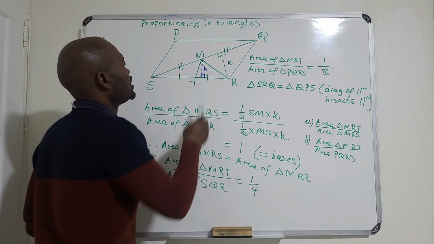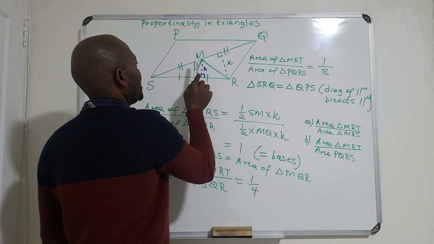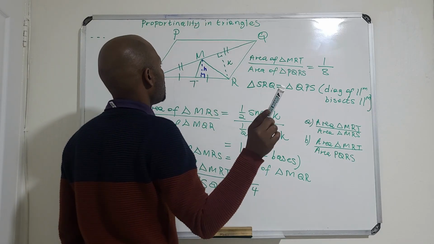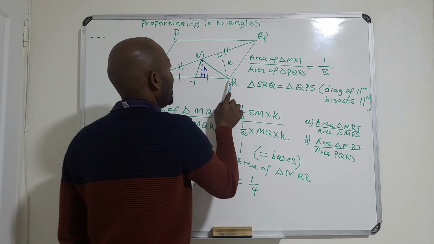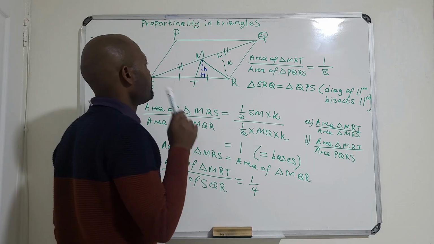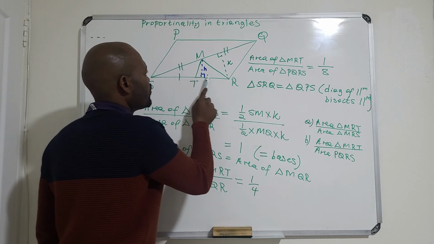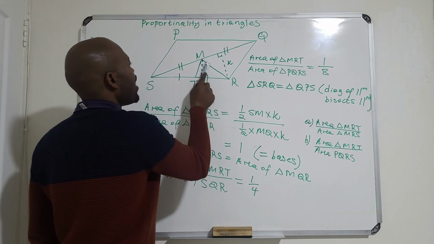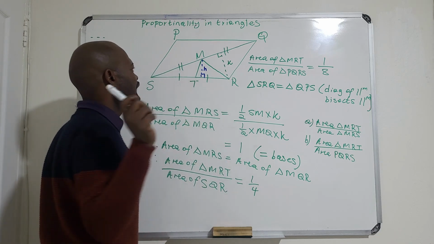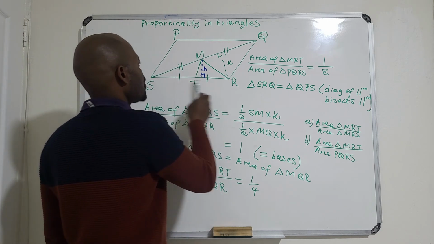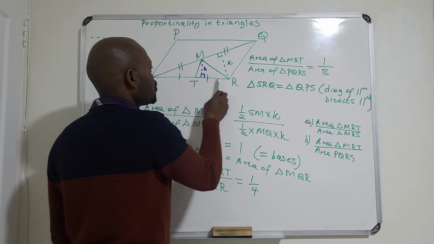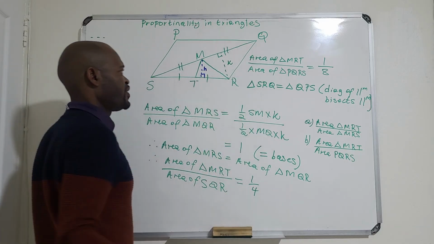Let's explain for the last time. We are saying that since we have compared that the area here over the area there is equal to 1, it means that the area here is equal to the area there. And since we found that the ratio of the area of this triangle over the area of this triangle is half, and since this triangle is equal to this triangle, it means that the ratio of the area of this triangle over this triangle is half as well.